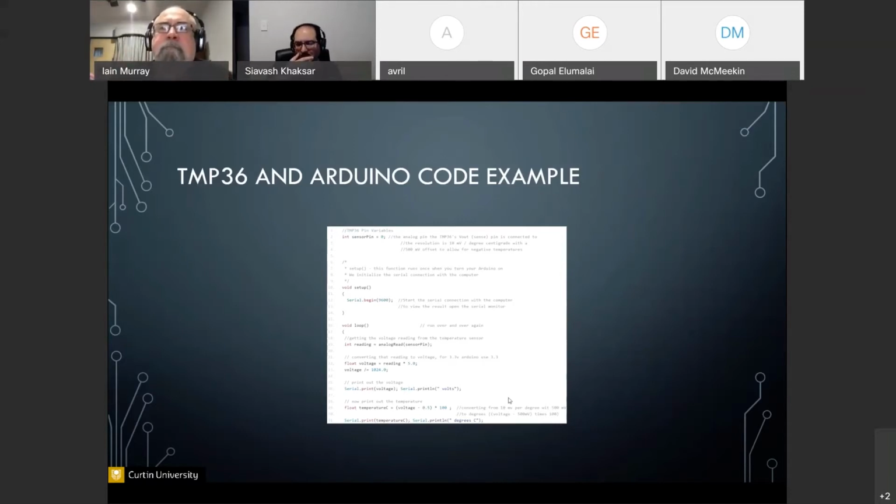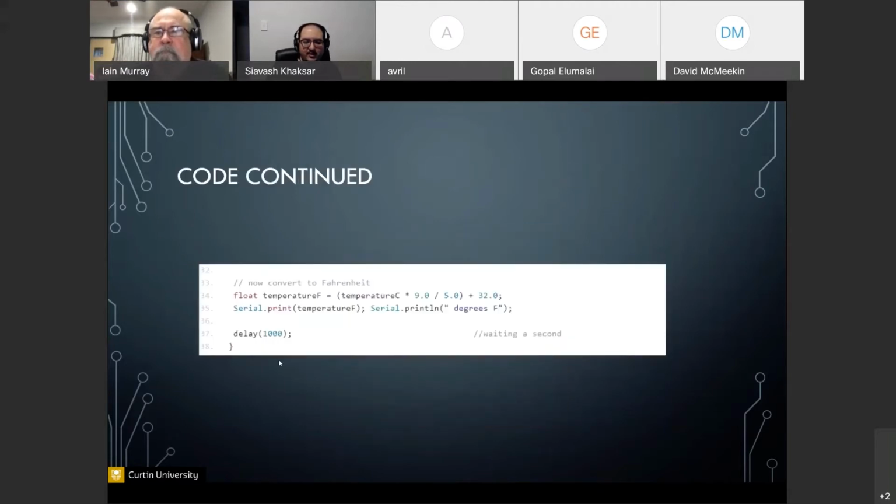So again, it usually boils down to you reading something and then converting it to an actual value. And with that specific sensor, we also have a different equation for converting temperature from centigrade to Fahrenheit. So we have that as well.